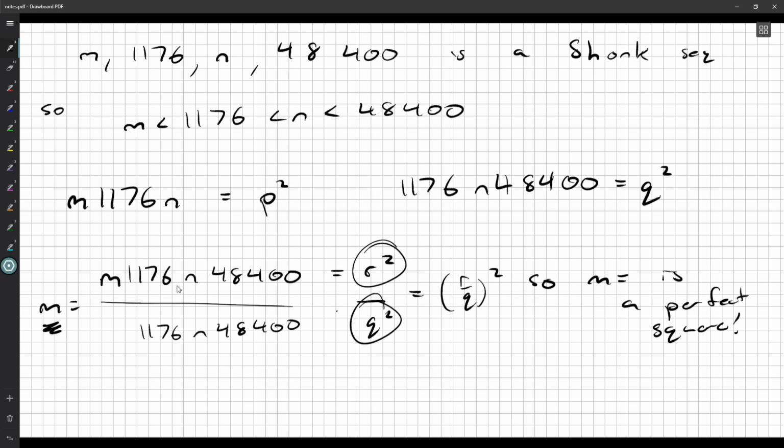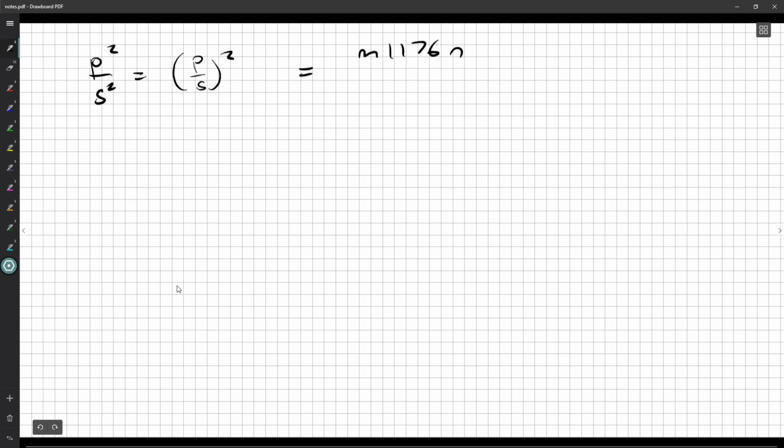Okay, what else can we see? Well, I'm going to say something like let M be S squared. Then I know P squared over S squared is P over S all squared, but it's also equal to M176N over M, which is 176N.